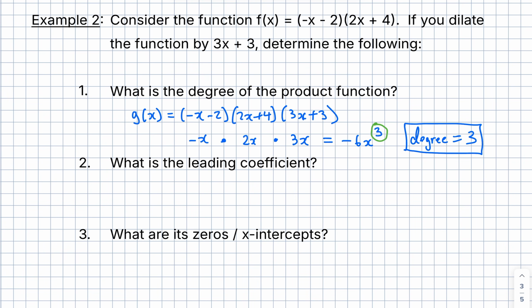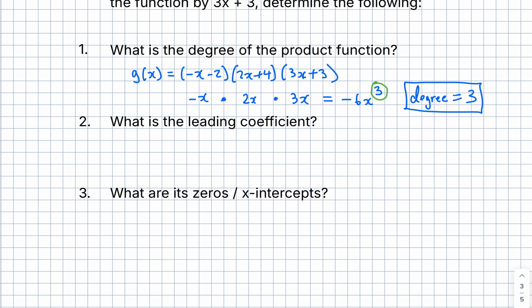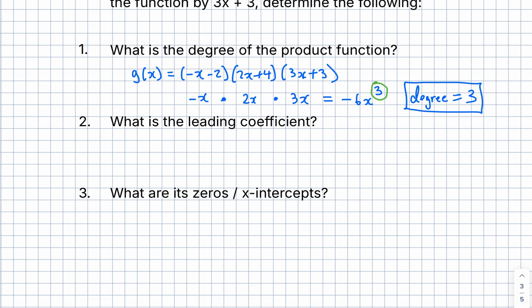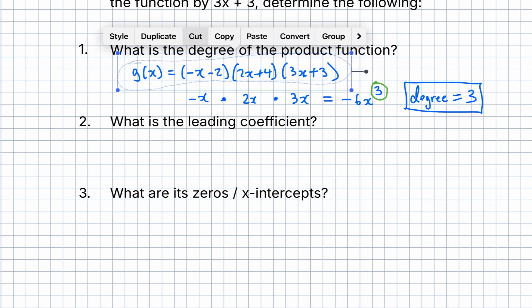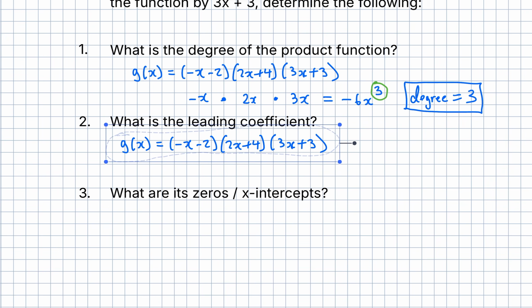Okay, question number 2. What is the leading coefficient? Okay, well, we're going to take a look at the leading coefficient here. Let me go ahead and copy this. My apologies for that. All right, let's go ahead and duplicate this.